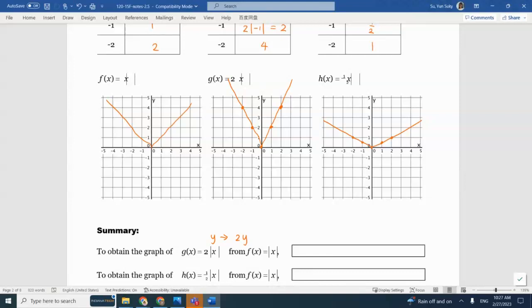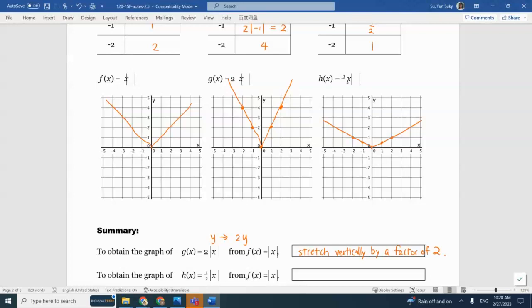Then in this case, we have a stretch. So this is stretch vertically by a factor of 2. You have your graph, you imagine stretch. It becomes taller. Stretch vertically by a factor of 2.